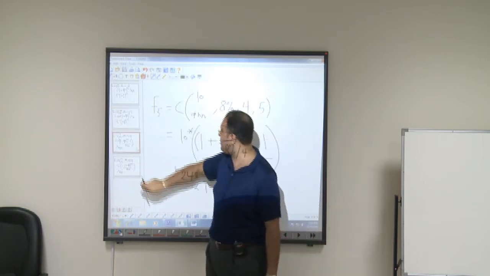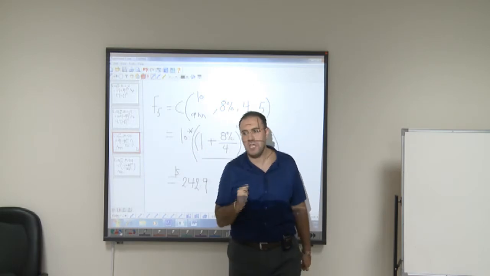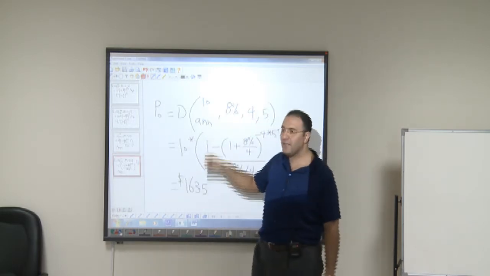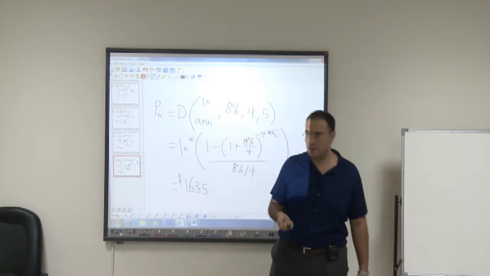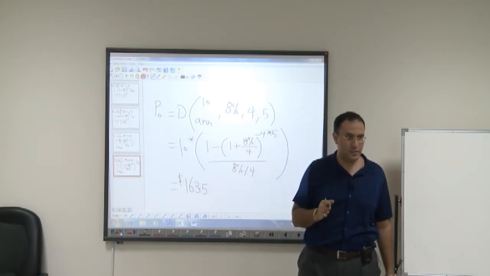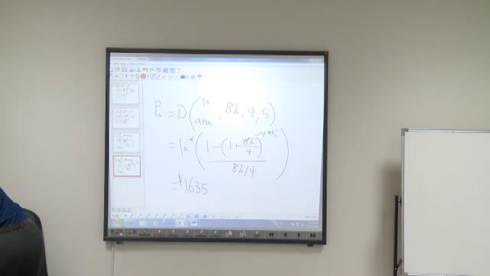In the third problem, I was solving for F5 by compounding an annuity, right? And in the fourth problem, I was solving for P0 by discounting an annuity. You see what I'm driving at? Good. All right. Let's go ahead and see the next problem.